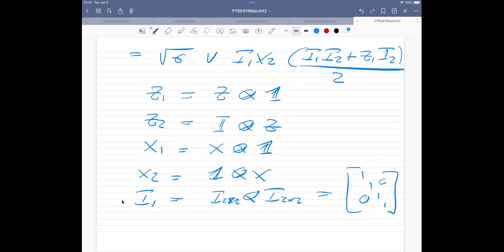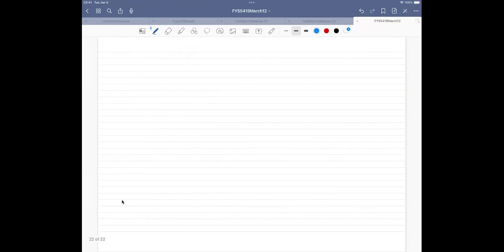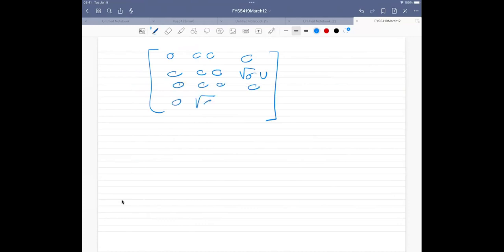Then, if we now look at these other matrices, so if we take this 0, 0, 0, 0, and then we have a 0, 0, and then a square root of 6 times V, 0, 0, 0, 0, 0, and then I have a square root of 6 of V, 0, 0.